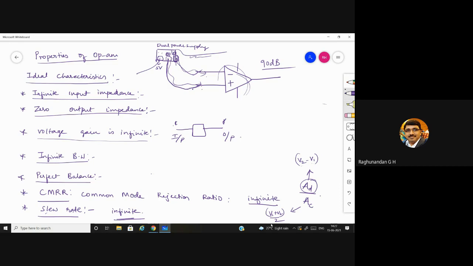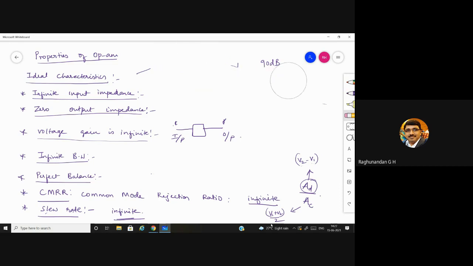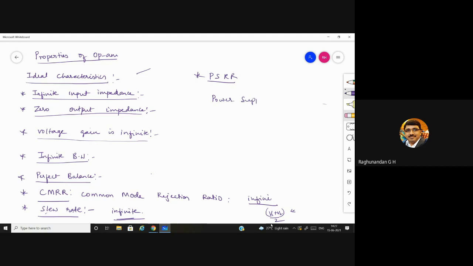After this, the next parameter is PSRR, power supply rejection ratio. In the power supply rejection ratio, we tell it is 0.